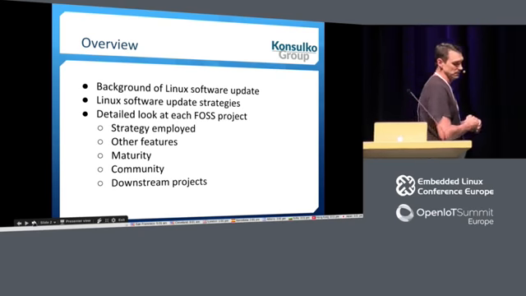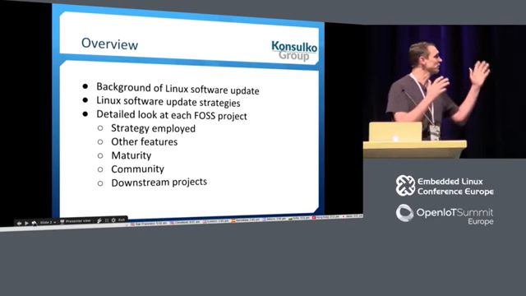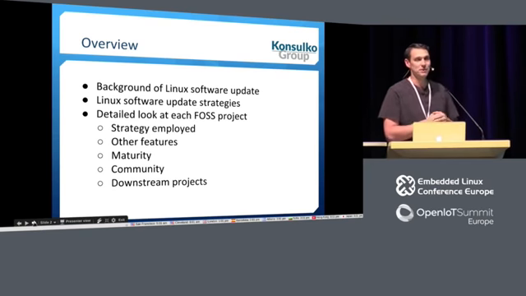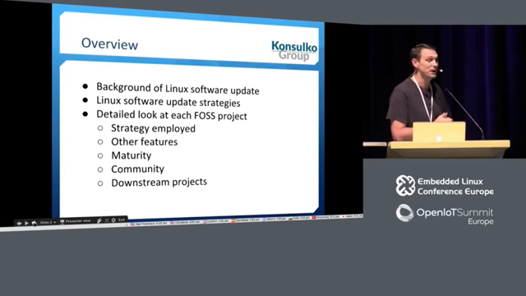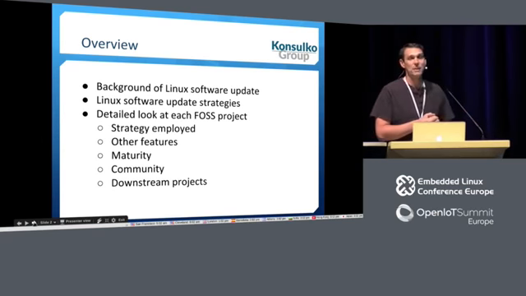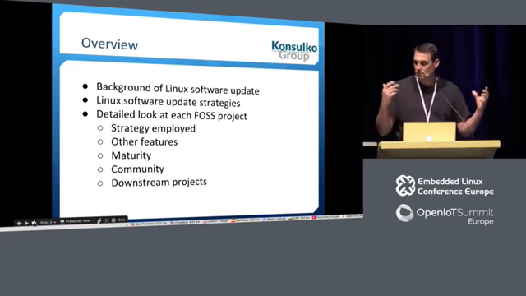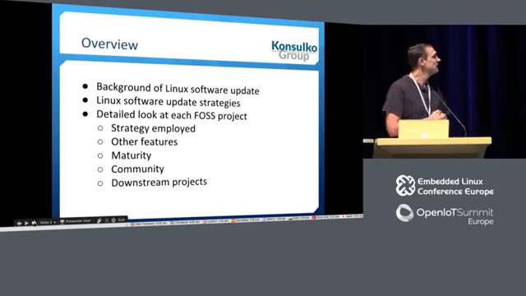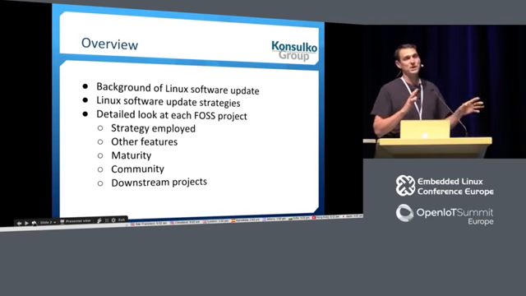All right, so we're going to do a little overview. We're going to do a little background. I usually like to talk a little history about where we came from and doing software update, right? We've been doing this as a community since 1991 in some form. And then we'll talk about today's set of strategies that are used to update Linux systems. And then we'll do a detailed look at each free or open source project.